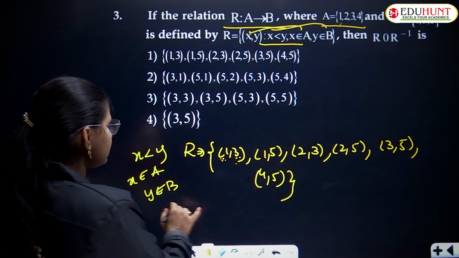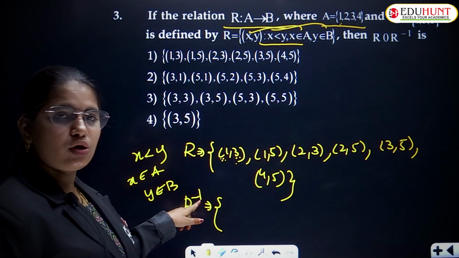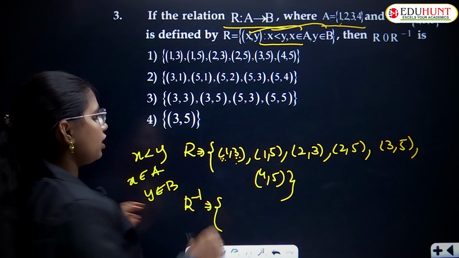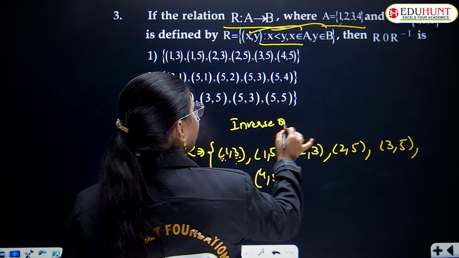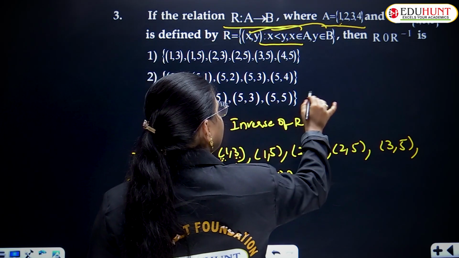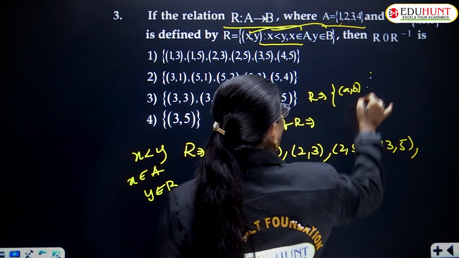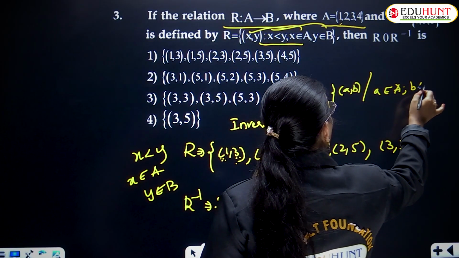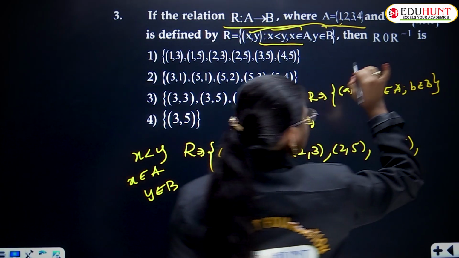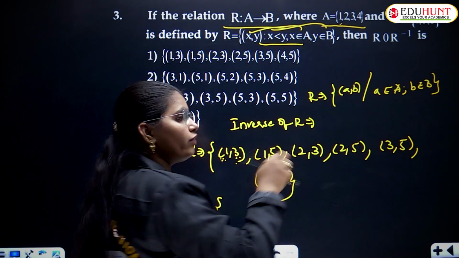So if this is R, how will we define R inverse? This is the notation of R inverse. In the relation R, if you have an ordered pair A comma B such that A belongs to capital A and B belongs to capital B, this is the definition of an ordered pair in the relation. How to find the inverse?